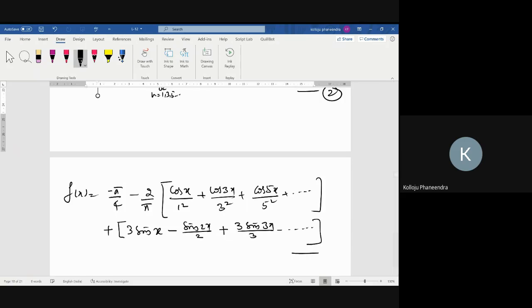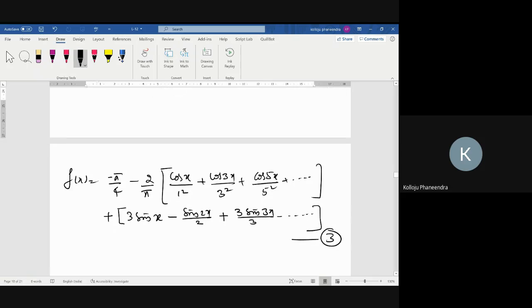Take this as equation 3. And I need what expansion? I need the expansion 1 by 1 square plus 1 by 3 square plus 1 by 5 square. So to get this expansion, I have to substitute x equal to 0 in equation 3.